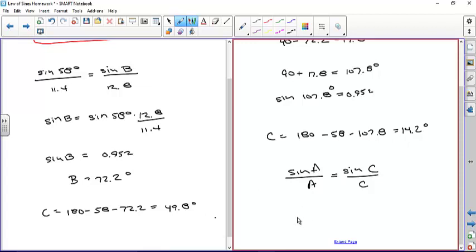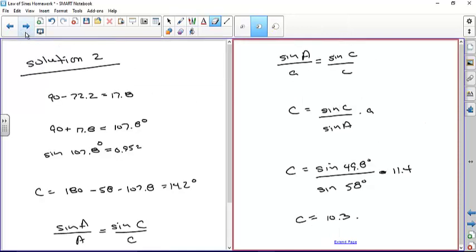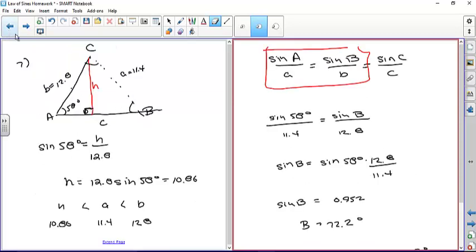So I have the sine of 58 divided by 12.8, what I used last time. I think I used the wrong number last time. Yeah, I don't think this is right. This should be 12. Side A. Yeah, no, that's right. 11.4.